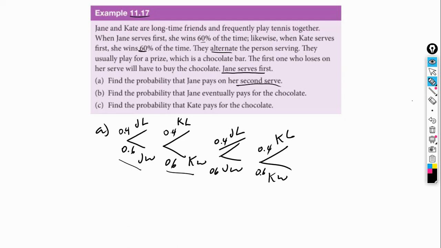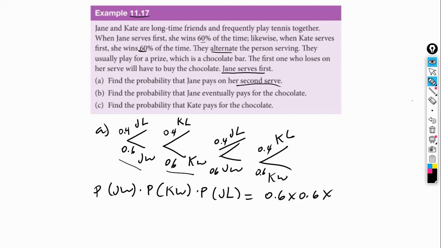So that means it would be the probability of Jane winning times the probability of Kate winning her serve times the probability of Jane losing her second serve. And this is going to be 0.6 times 0.6 times 0.4, which gives us 0.114.